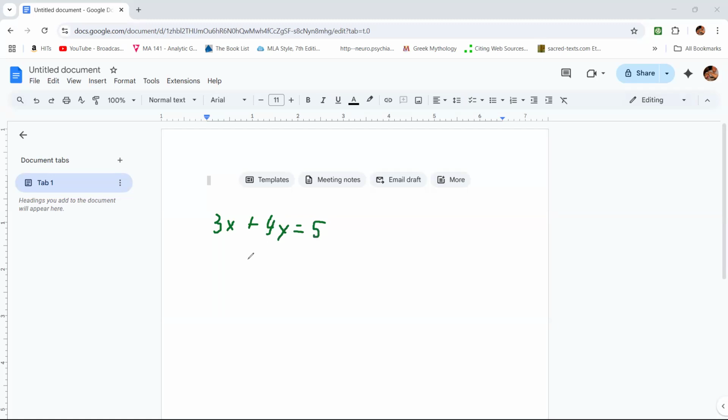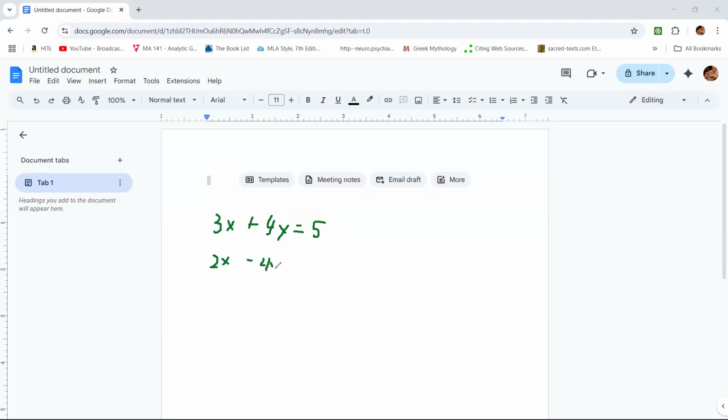And my other equation is 2x minus 4y equals 10.